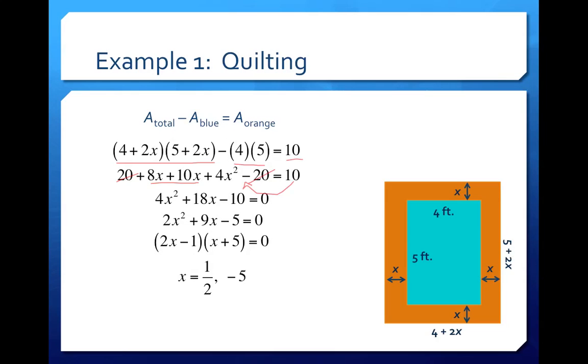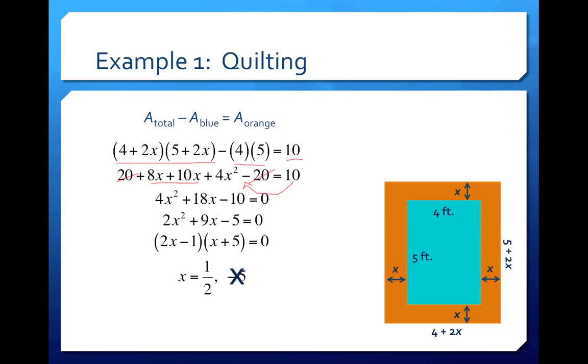Now, because we're dealing with a quadratic, the theoretical solutions are 2: a 1/2 and a -5. But if you now put that into the context of the problem, think again what x represented. X represents the width of my border. It doesn't make any sense to have a width that's -5.